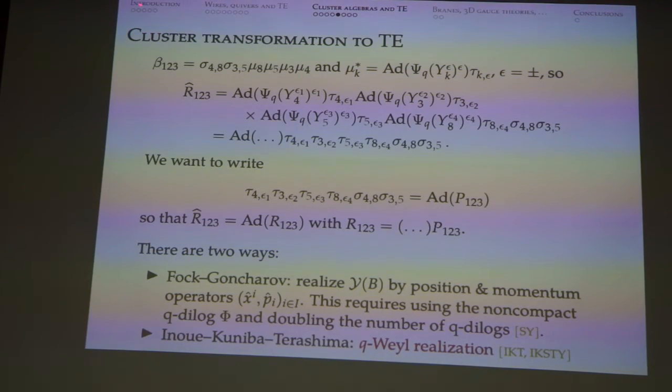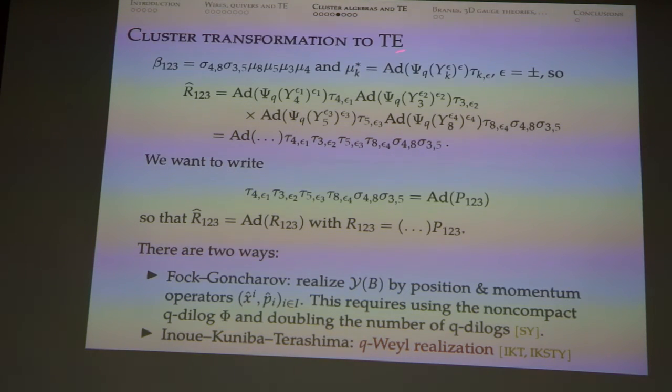So let's recall what the exact form of beta 1, 2, 3 is. I told you that it's a product of 4 mutations, and then there are some relabelings. But anyway, so this is a formula. And also remember that this action of mutation on Y variables, these quantum non-commutative variables, can be written like this. There's a choice of sign, epsilon. It can be either plus or minus, but the result is the same for either choice of sign.